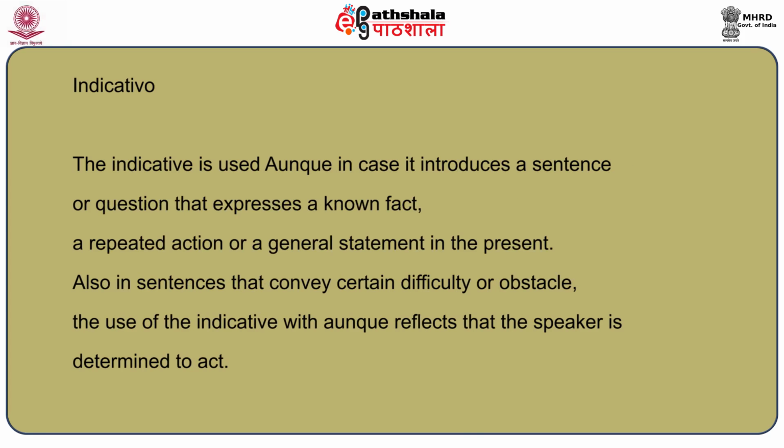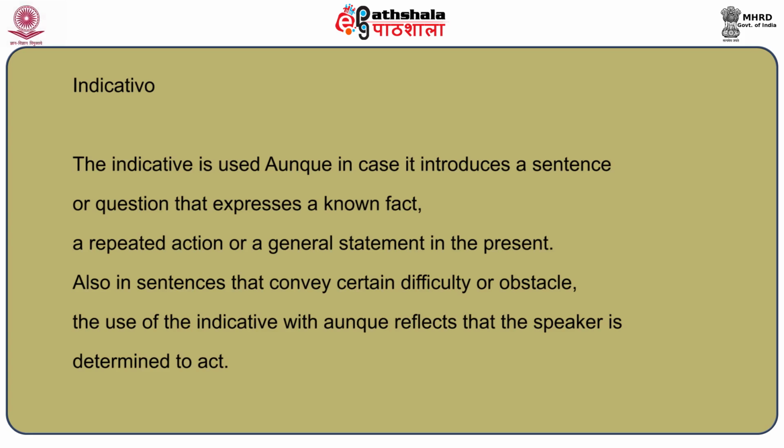The indicative is used with aunque in case it introduces a sentence or question that expresses a known fact, a repeated action, or a general statement in the present. Also, in sentences, they convey certain difficulty or obstacle.